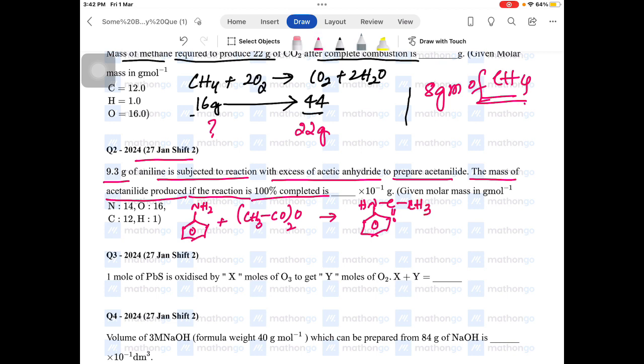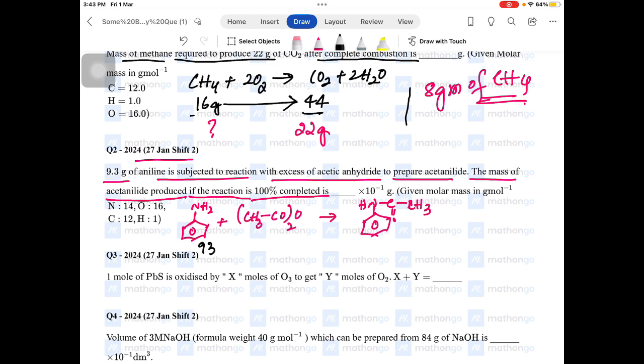Now the mass of aniline is C6H5, that is 77, plus nitrogen 14, plus hydrogen 2. So 6 sevens are 42... the mass of aniline is 93.